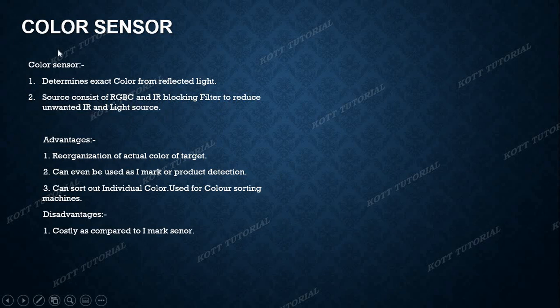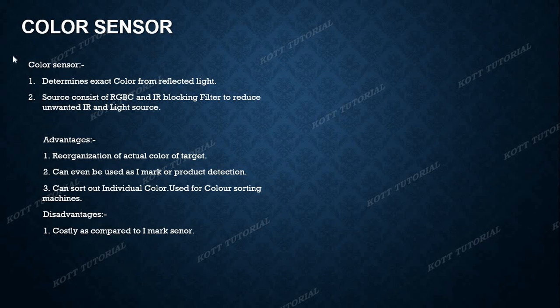See what happens in a color sensor: it can detect all the colors in the waveguide section. But there are certain colors which reflect light, so it comes with an IR blocking filter. Without the IR blocking filter, it will not work efficiently if it is reflecting some of the IR light.